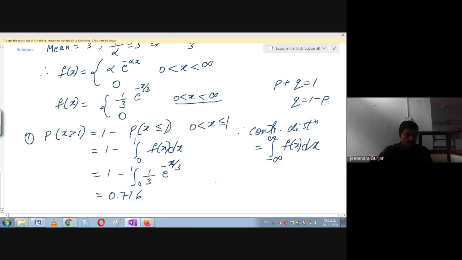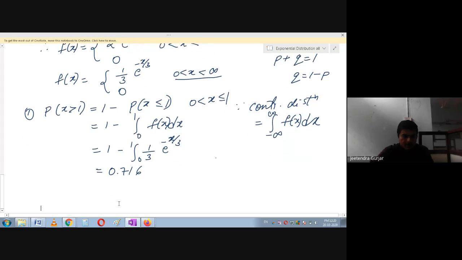Yes, very good. So I think everyone got the same answer. Just check once again, Rahul and Raj. Did you get the same answer? It is 0.716. Yes, please check once again. Everyone got the same answer, 0.716. Okay, so we'll go with the second one. Fine. So like this you should solve.